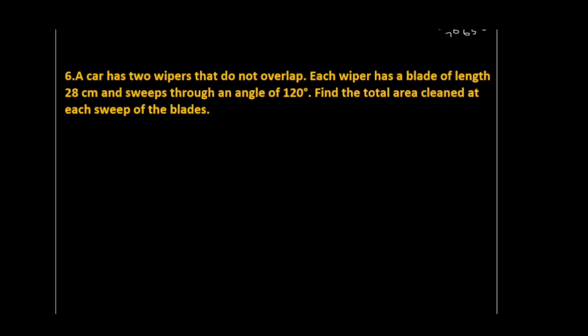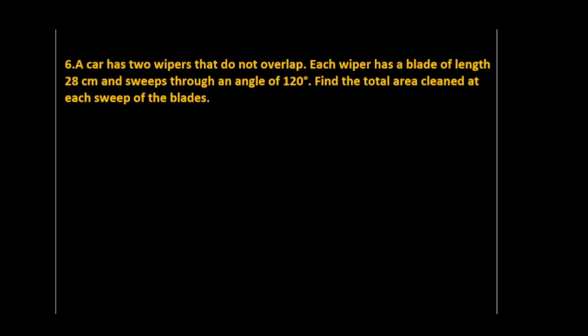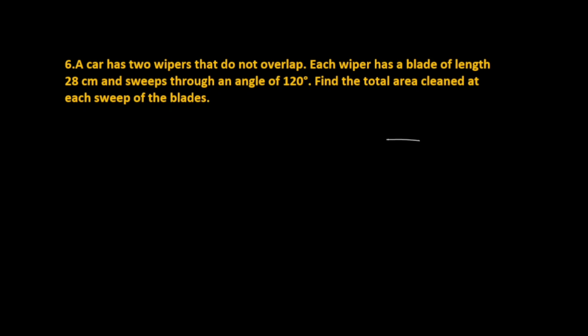Next question, a car has two wipers that do not overlap. Each wiper has a blade of length 28 centimeter and swipes through an angle 120 degree. You know that in a car, this is the portion and the wiper will move like this. This is one wiper position.